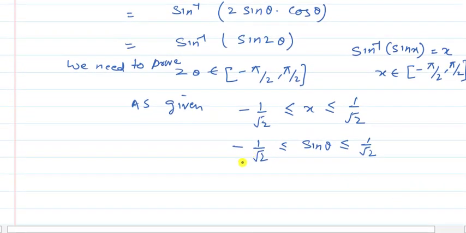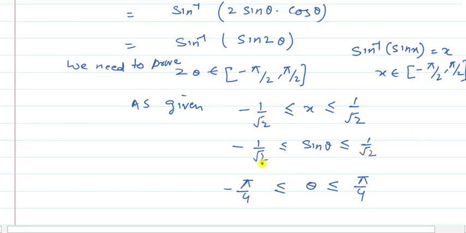Now we need to find on which values of theta the values of sine will be minus 1 upon root 2 and 1 upon root 2 in the principal range, and the principal value range of sine theta is the closed interval minus pi upon 2 to pi upon 2, and therefore the values are minus pi upon 4 less than equal to theta less than equal to pi upon 4, because sine minus pi by 4 is minus 1 upon root 2 and sine pi by 4 is 1 upon root 2. So we just replaced minus 1 upon root 2 by minus pi by 4 by taking inverse.